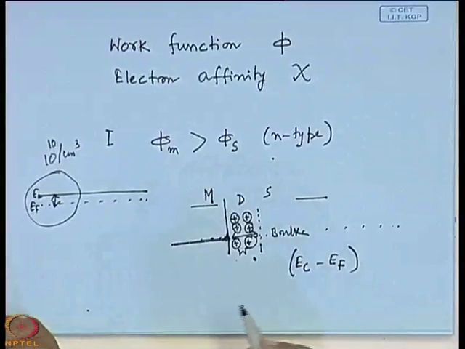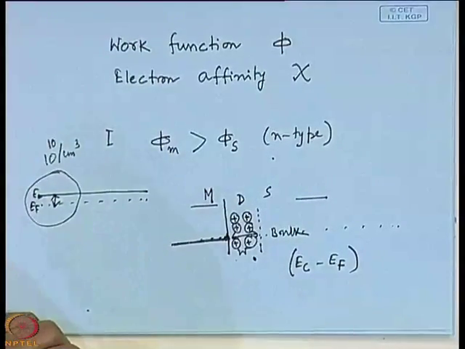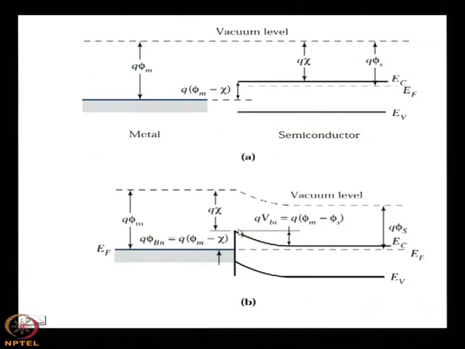So, if E c minus E f is large, the band will bend, and we see that the band bends in this manner, and the bending is up to W, that means the depletion width.